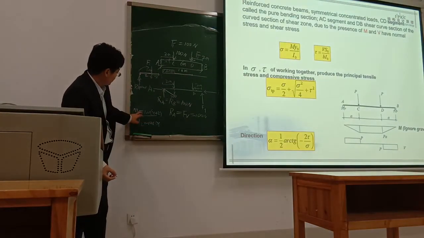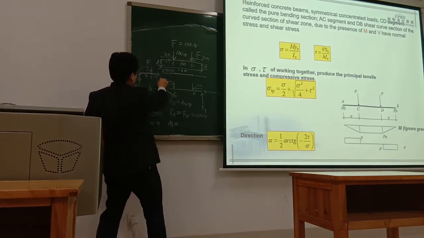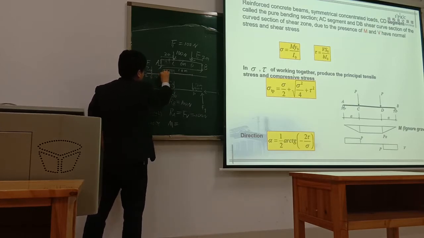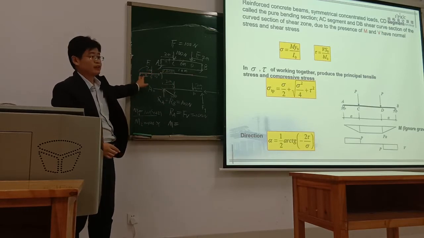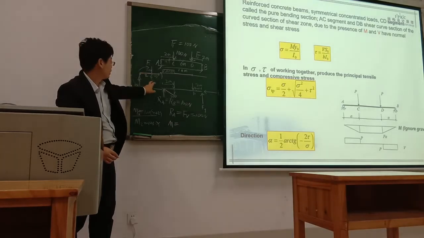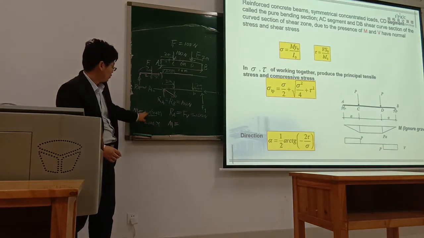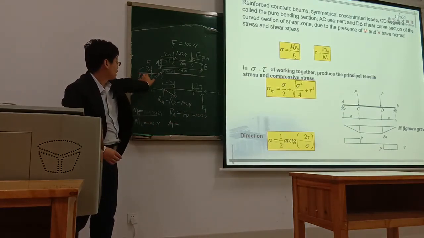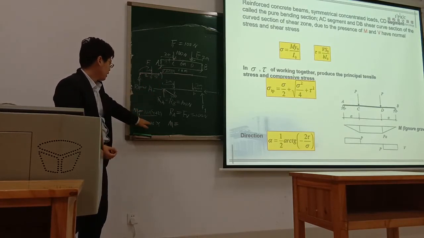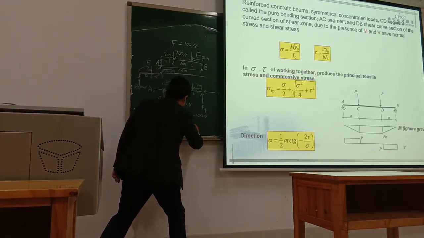To keep the balance, this section needs another anti-clockwise moment, because the moment induced by the reaction force is larger. The force is 100 in both cases, but the arm of the reaction force is 2 meters longer. So M equals M1 minus M2.